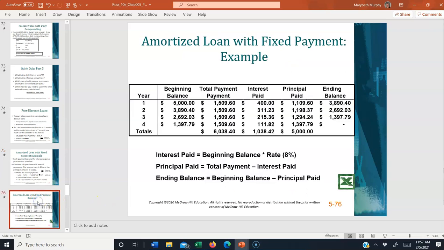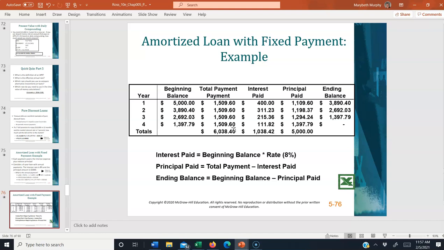Now, one thing you should know about interest payments. In this particular example, every year they're making a payment of $1,509.60. But part of that is interest and part of it is principal.